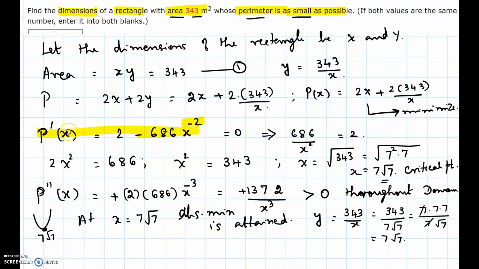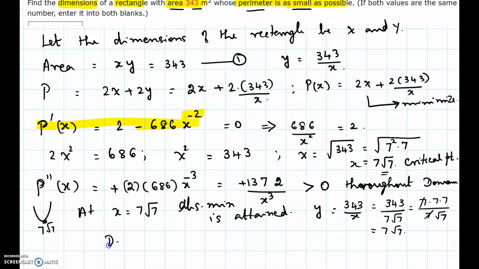So the dimensions of the rectangle are length is 7 root of 7 and the width is also 7 root of 7.